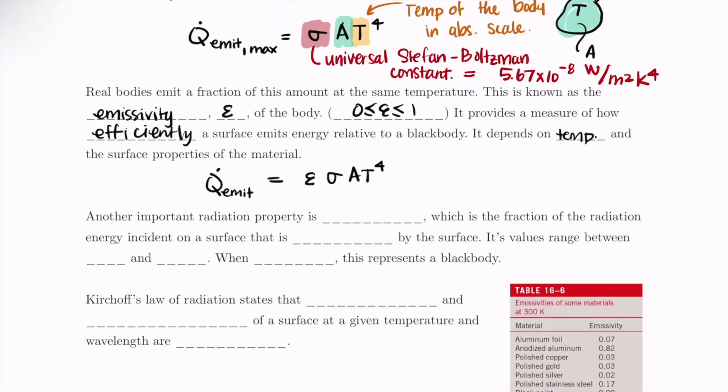So we take our max possible radiation and then we scale it by the efficiency of that material. Does that make sense? So that's still our theoretical max, and then we scale it by the emissivity.